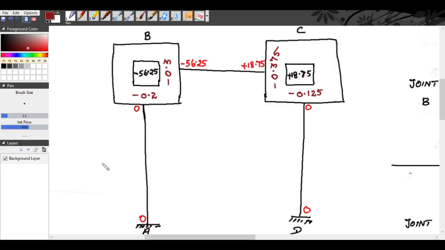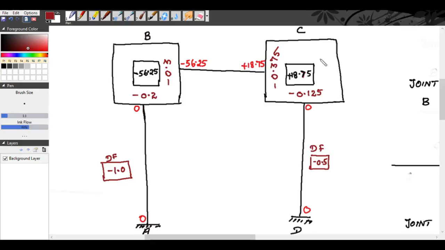For the column BA, the displacement factor is minus 1.0. For the column CD, the displacement factor is minus 0.5. Okay. So these things you have to write first.